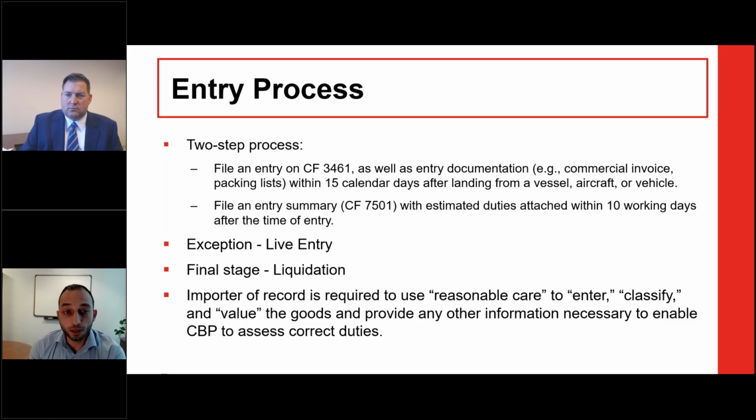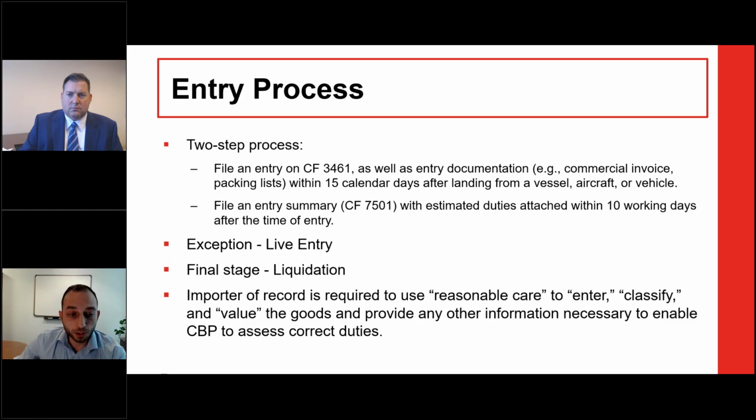First you file an entry on a CF 3461 document, together with all the entry documentation like commercial invoices and packing lists, within 15 calendar days after landing from a vessel or an aircraft or vehicle. And then within 10 working days after the time of entry, you would need to file an entry summary with CBP and pay the estimated duties that will be applicable to the product that you imported.